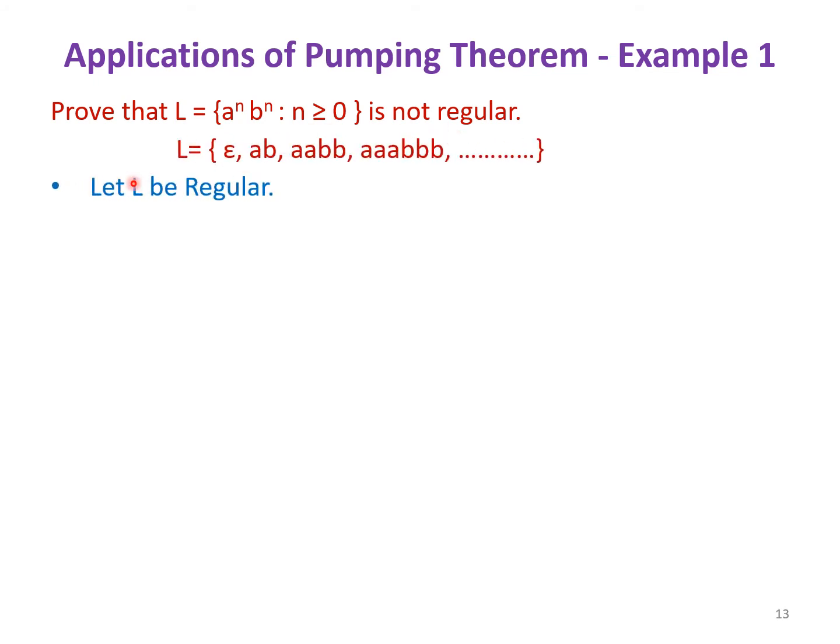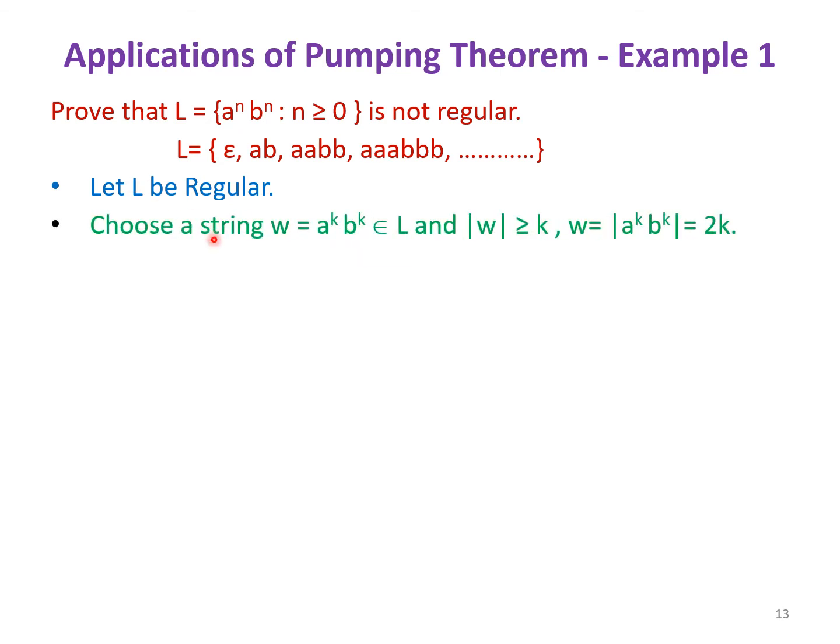So the first step is to assume that the language is regular and choose a string w which belongs to L. Here we have chosen a generalized string a raised to k, b raised to k. We must choose the string w in such a way that its length is greater than or equal to k. The length of the string a raised to k, b raised to k is 2k, and 2k is greater than or equal to k.